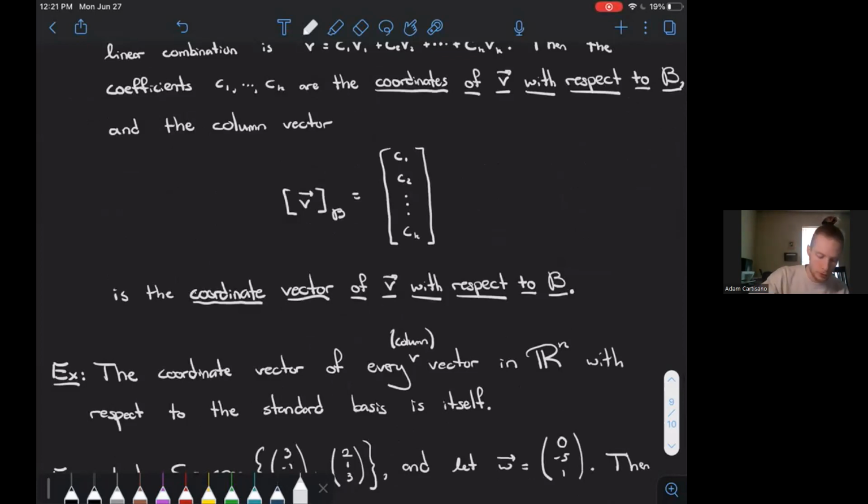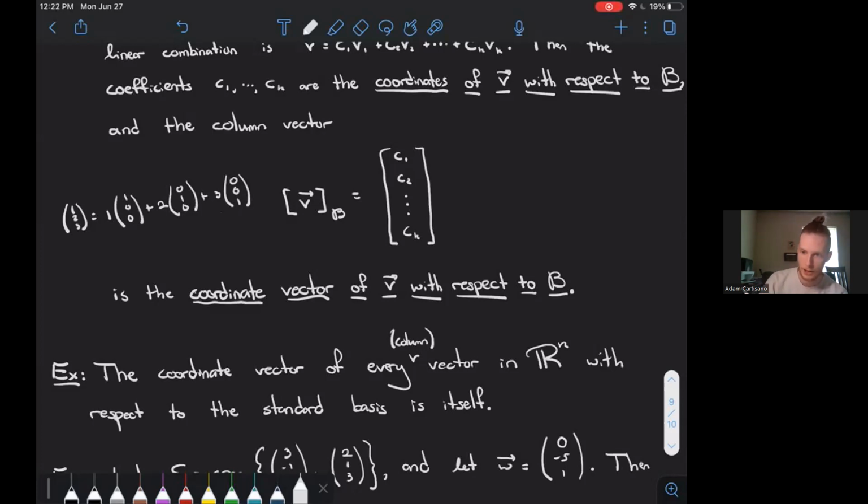If I had the vector 1, 2, 3, well, this is 1 times 1, 0, 0, plus 2 times 0, 1, 0, plus 3 times 0, 0, 1. This is how you would write the vector V, or the vector 1, 2, 3, with respect to the standard basis in Rn. So in other words, the coefficients of the linear combination are 1, 2, and 3.